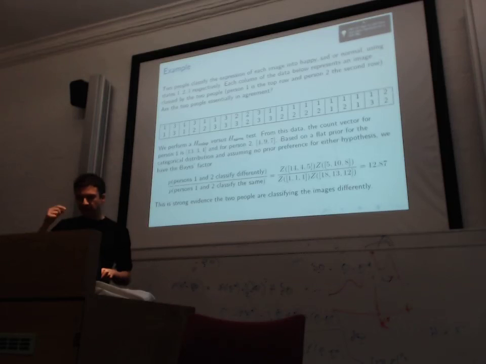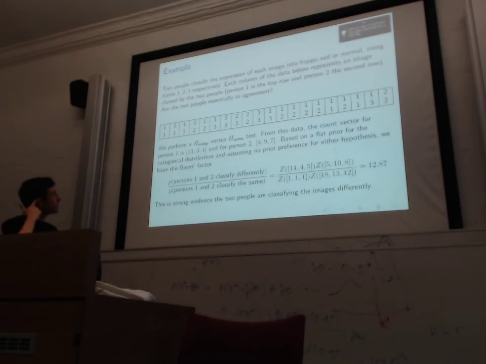Okay, so let's look at an example here. There are two people here, and they are going to be looking at some images, and they're going to say whether or not they find an image to be happy, sad, or say normal. So states 1, 2, and 3. The first person comes along and says, well, for image number 1, I think this person is happy.